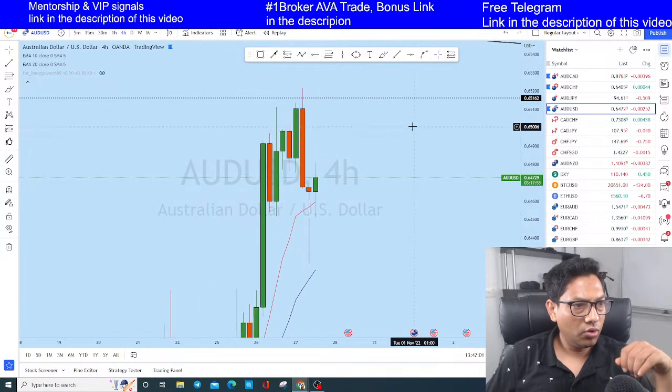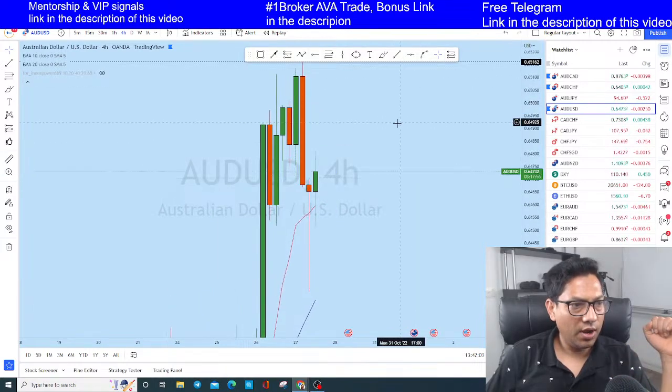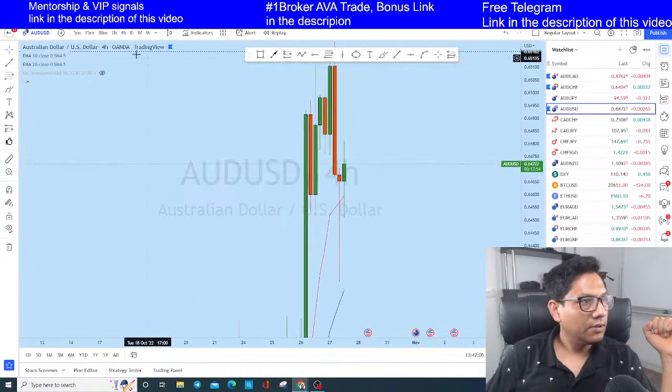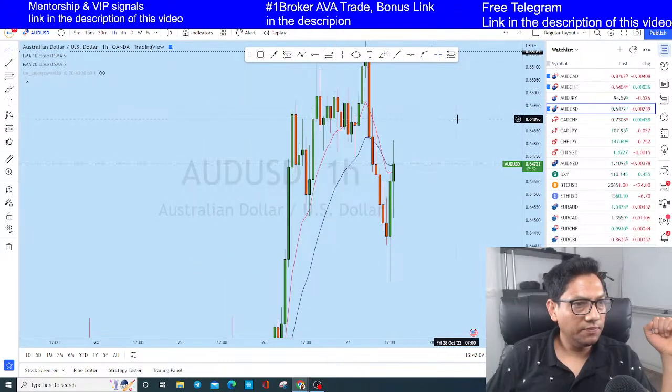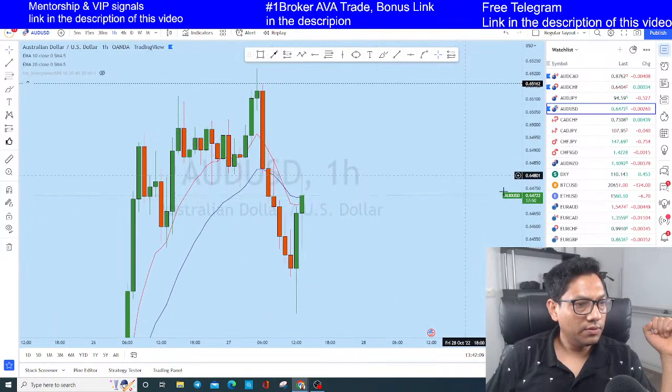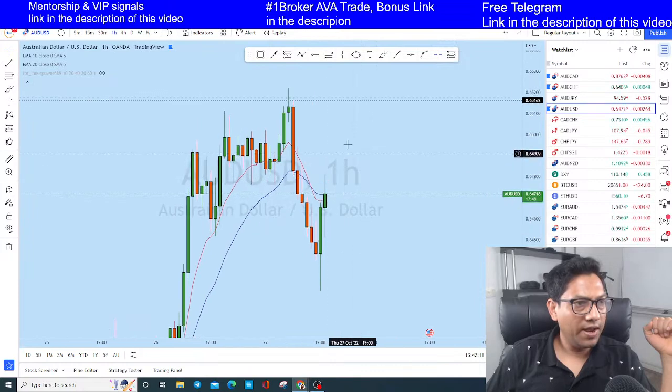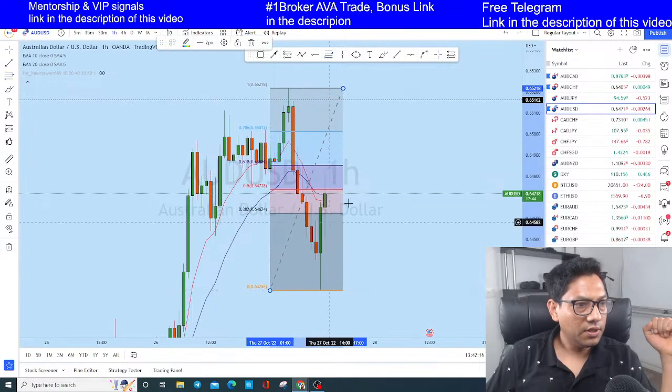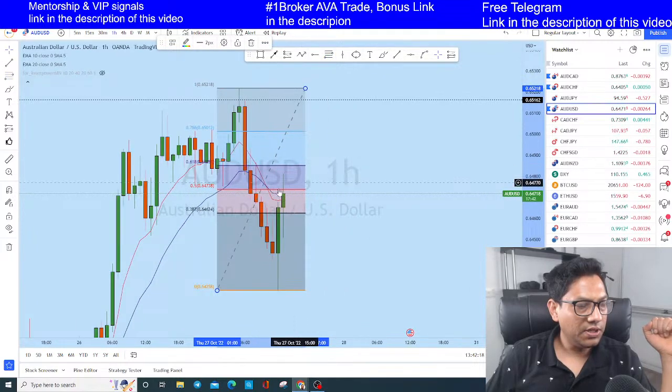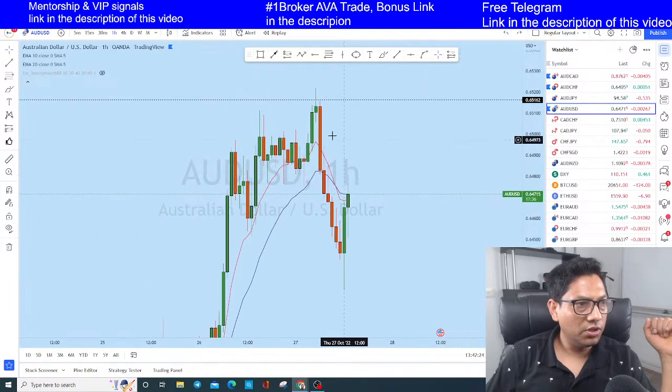Let me find out what is likely to happen next. Looking at the 1 hour, you see there is a movement here, and with that movement on the price action, I think we might see a little more retracement on this one.